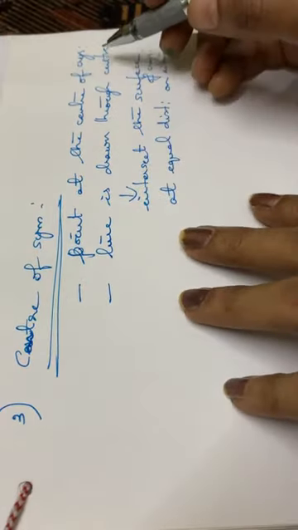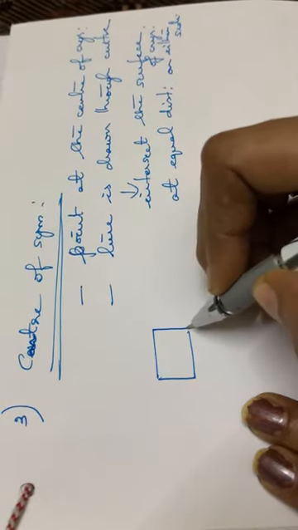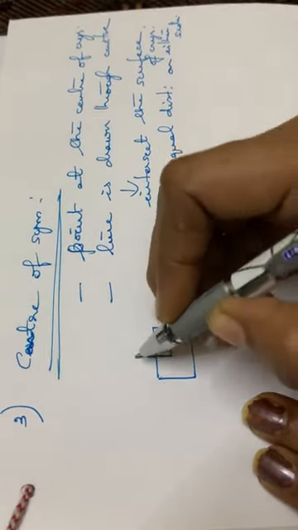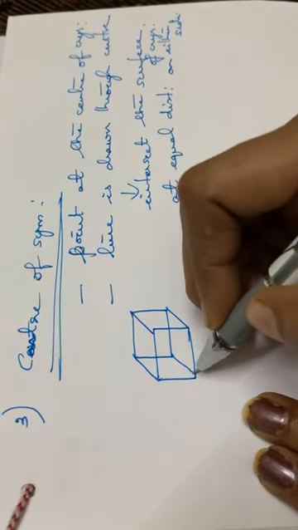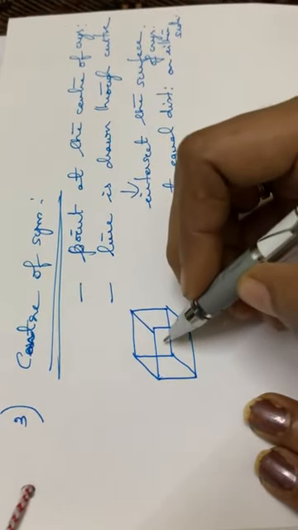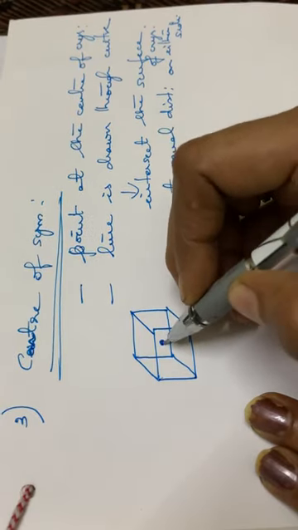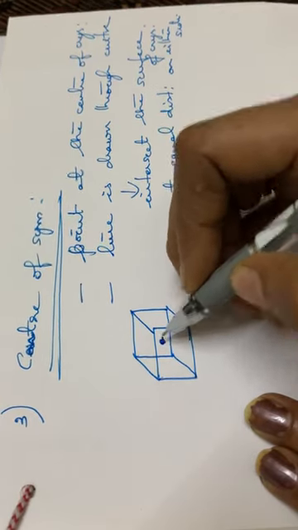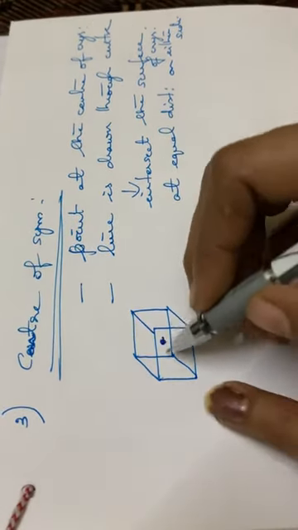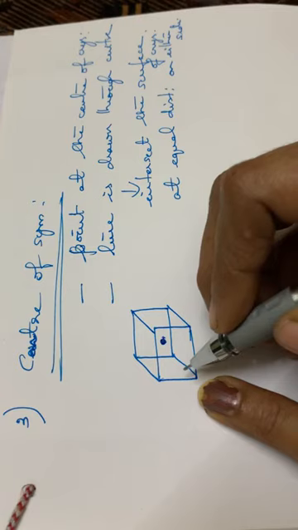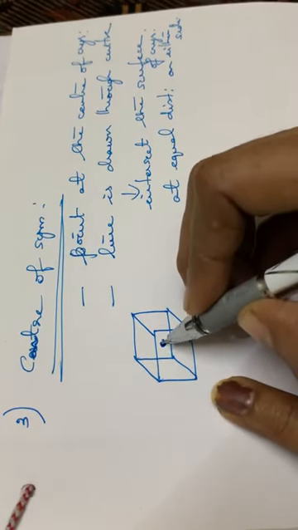It is the point at the center of the crystal. Suppose this is the crystal, and the point will be at the center of the crystal, inside the crystal. And when a line is drawn through this point, it will intersect the surface of the crystal at equal distance on either side.